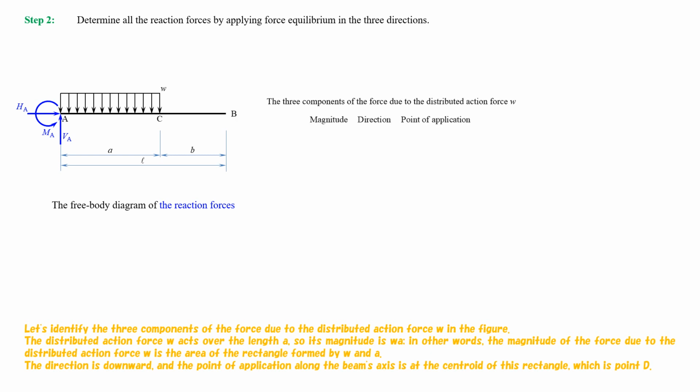The distributed action force W acts over the length A, so its magnitude is W multiplied by A. In other words, the magnitude of the force due to the distributed action force W is the area of the rectangle formed by W and A. The direction is downward, and the point of application, along the beam's axis, is at the centroid of this rectangle, which is point D.